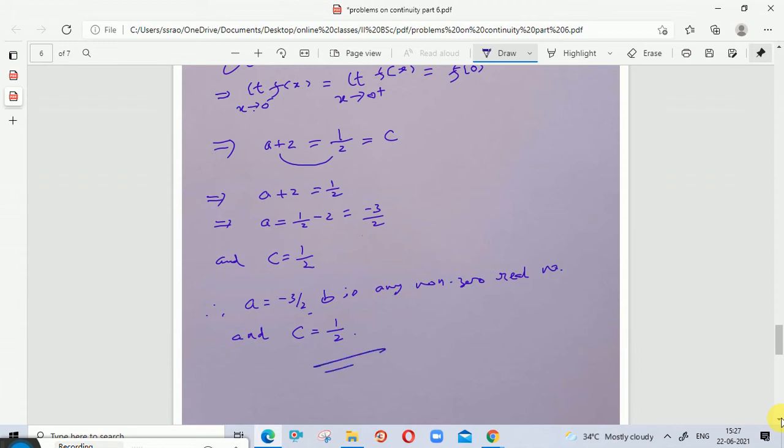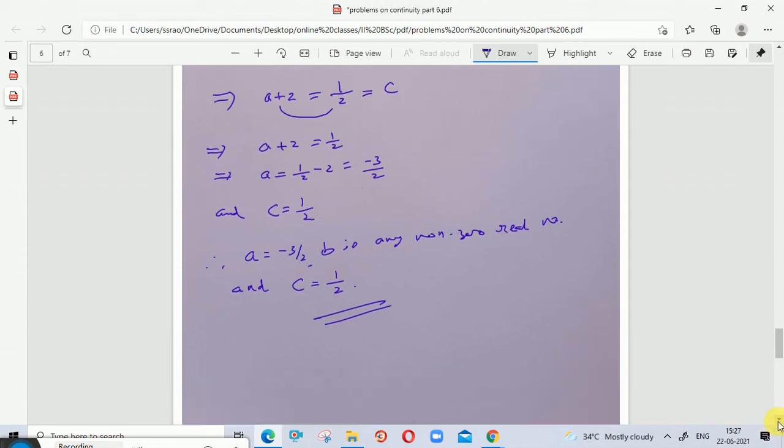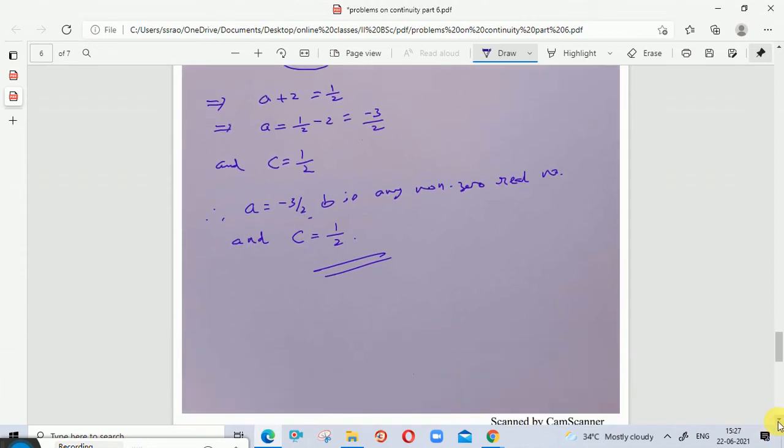This is the solution of our second problem. Now consider one more problem. Let it be problem number 3.